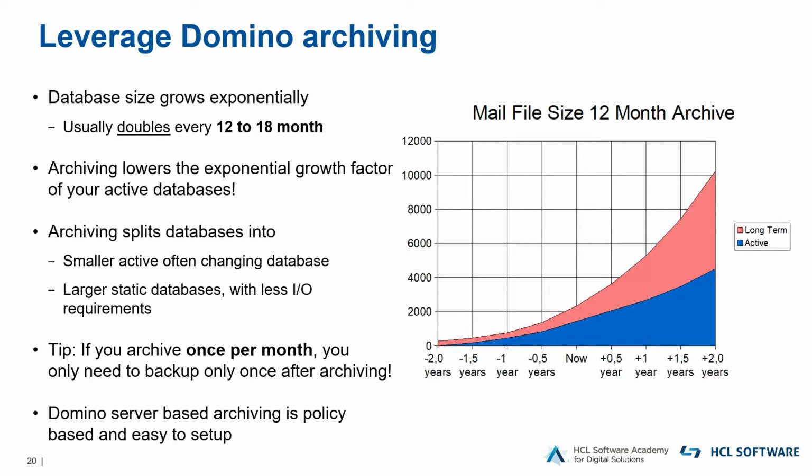One last point here is, if you have large databases, there is another feature that could be really interesting to look into. Mail databases double every 12 to 18 months.